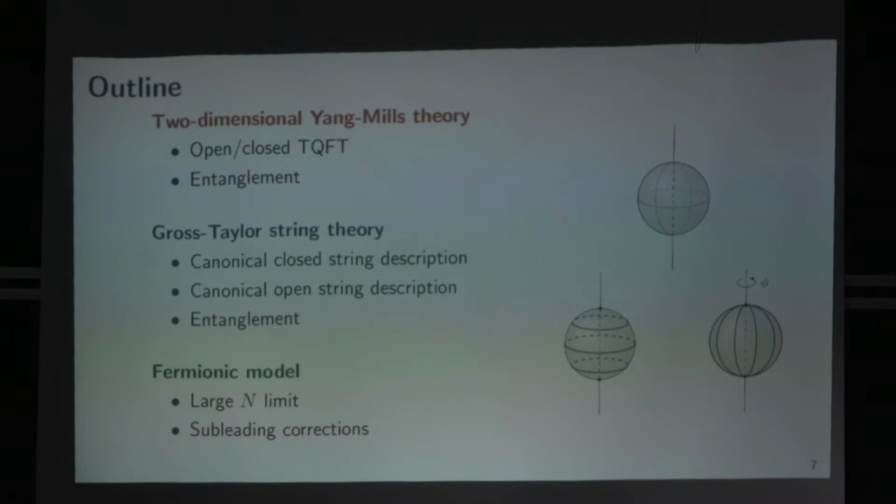We can then cut this state into 2 pieces, say here and here, and describe it as an entangled state of 2 halves of the circle.